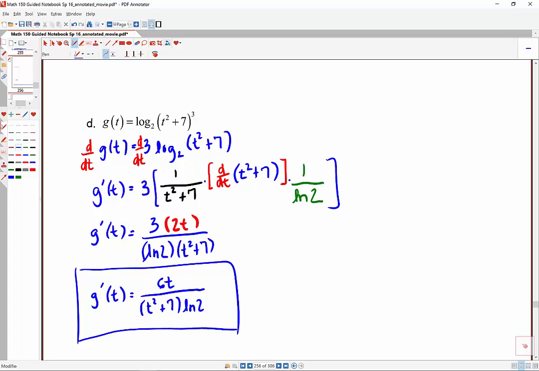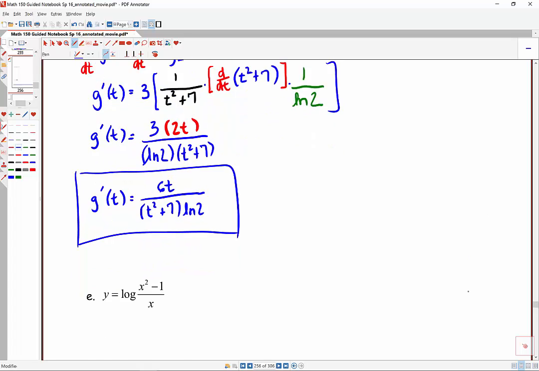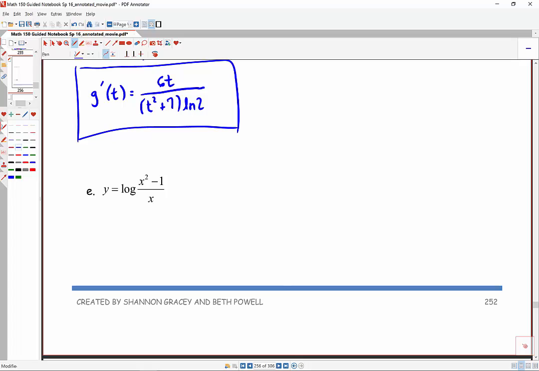All right, so next up, what might we want to do with this guy? Perfect. Use properties of logs again to change it from the log of a quotient to the difference of two logs.